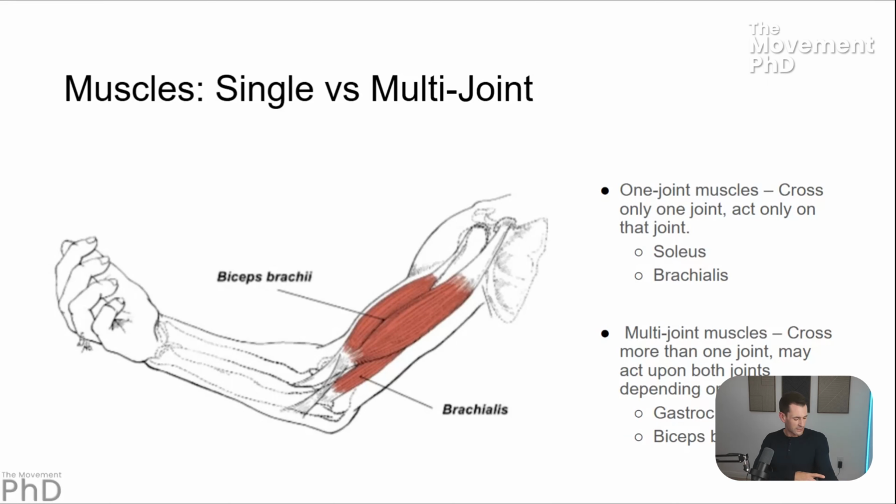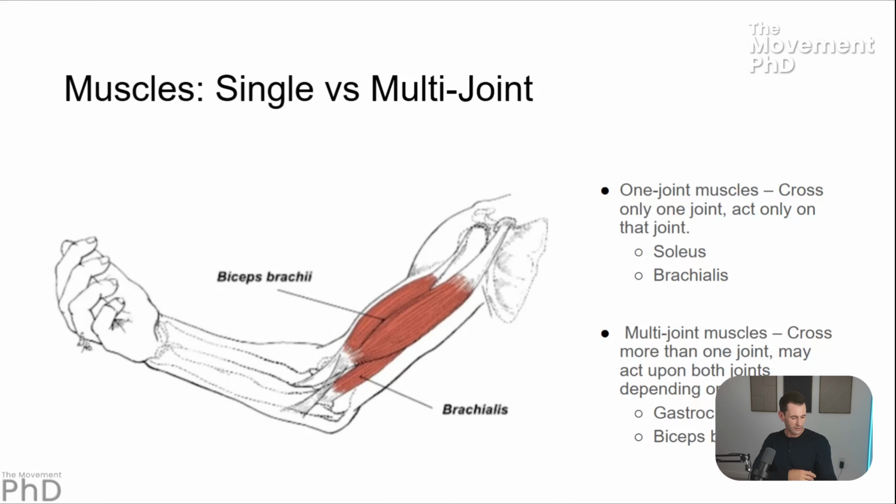Going back to our example of elbow flexion, your biceps crosses more than one joint. It crosses the elbow joint, it attaches to the radius, which allows it to move into pronation and supination, but it also crosses the shoulder joint. Your biceps is also a shoulder flexor.